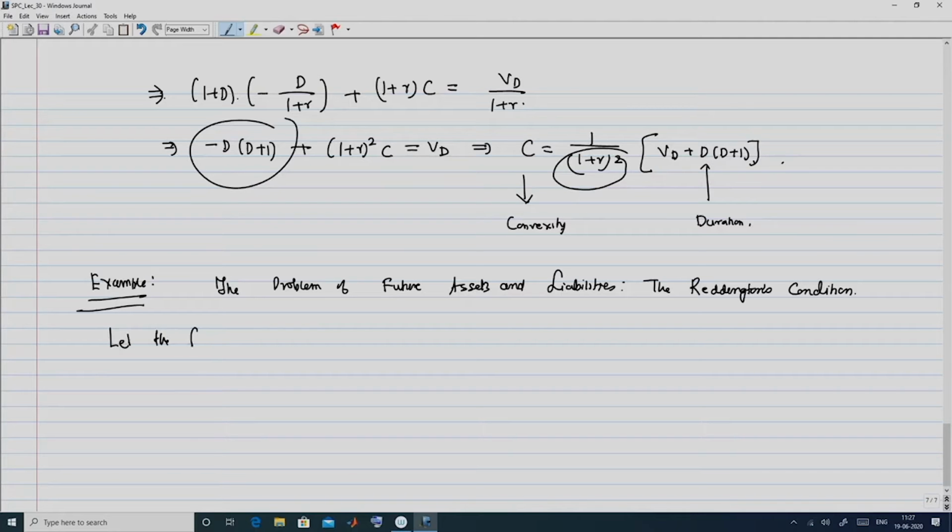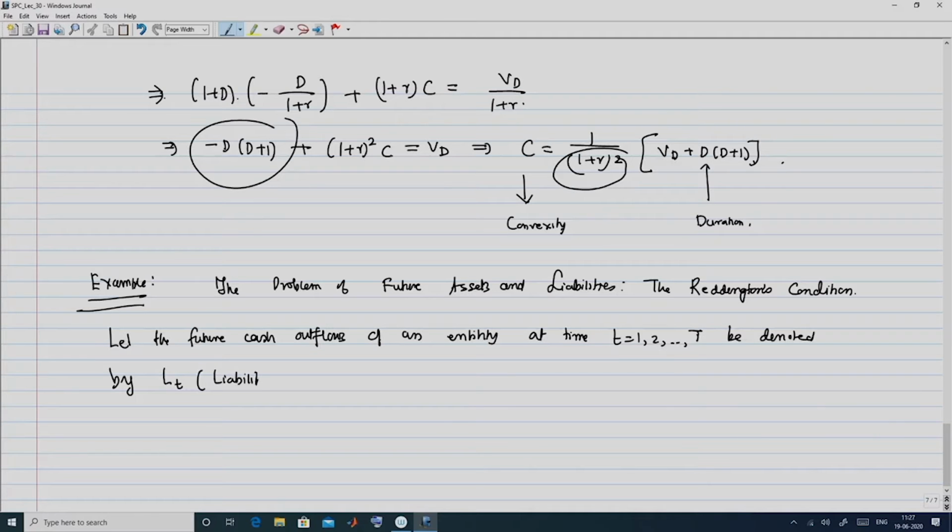So, let the future cash outflows of an entity at time t equal to 1, 2 all the way to capital T be denoted by capital L subscript t, L is for liability.